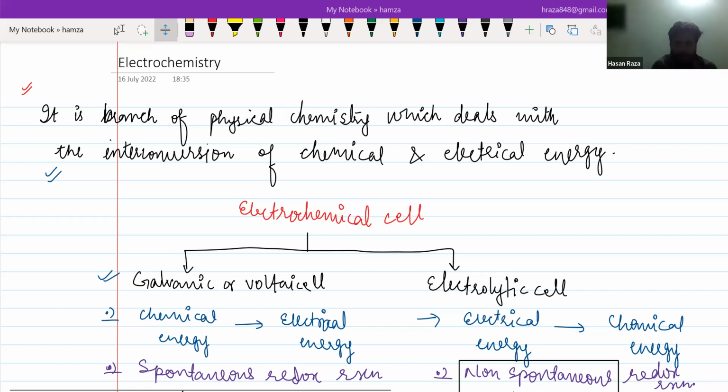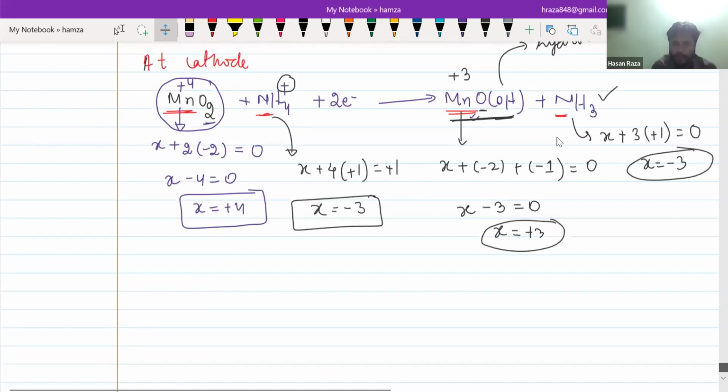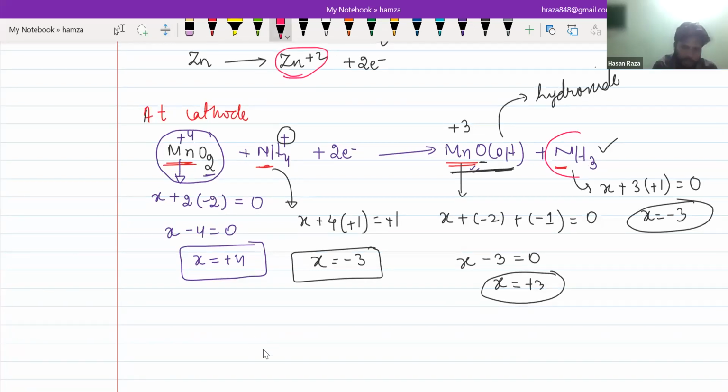Now see, there is a product that will combine to form a complex compound. This Zn2+ will combine with this NH3. Zn2+ combined with NH3 to form a complex compound. In the last chapter of the first book, we will study about complex compounds.